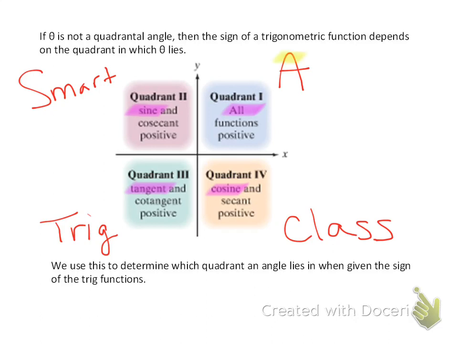So A, they are all positive. S, the sine is positive. T, the tan is positive. C, the cosine is positive. Okay? So if you always remember that you guys are a smart trig class, you'll always know what value to assign your trig functions. Okay?